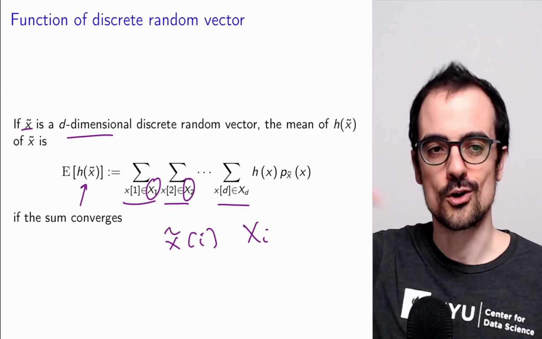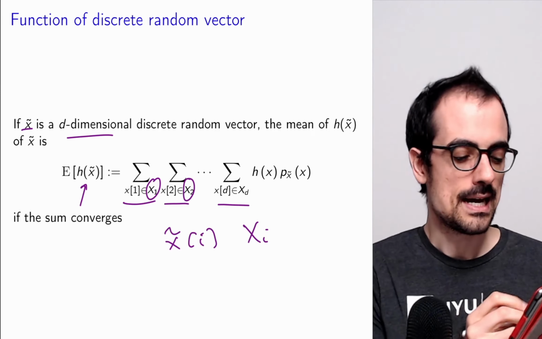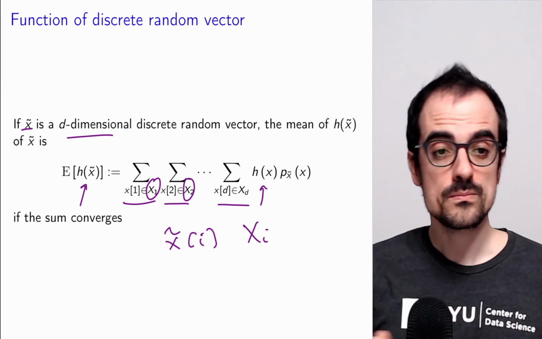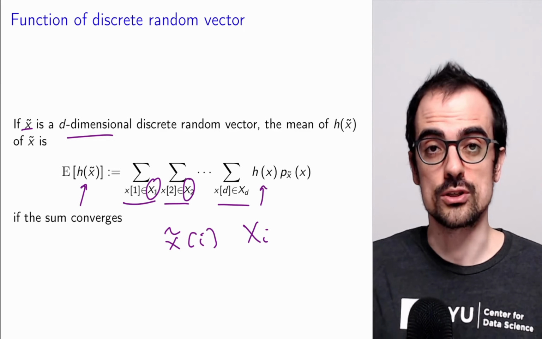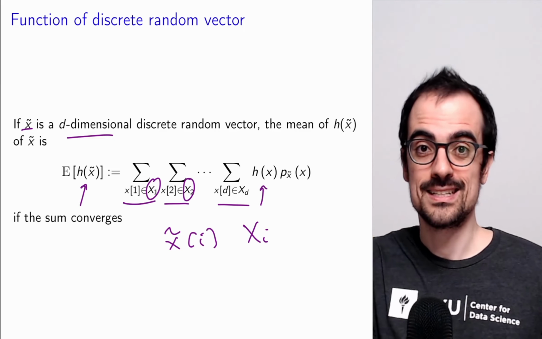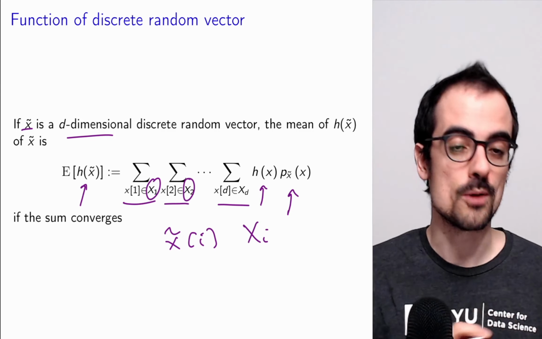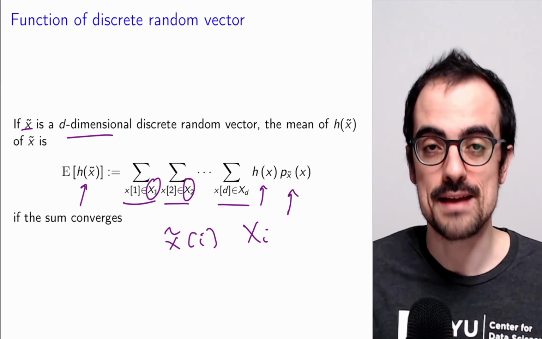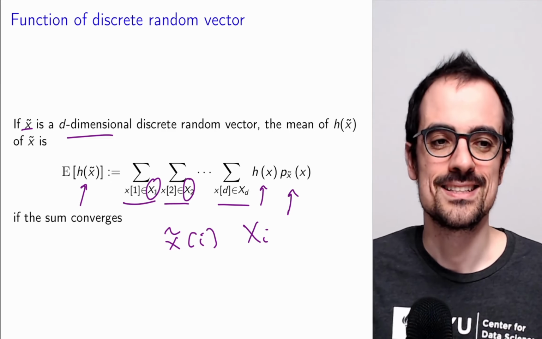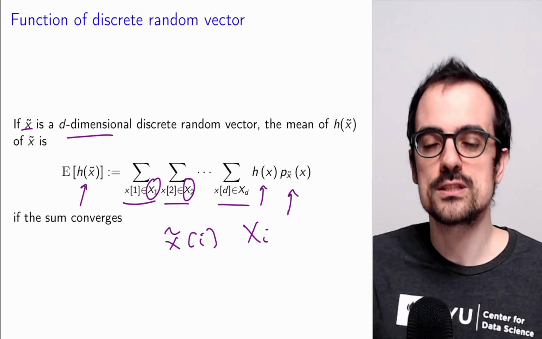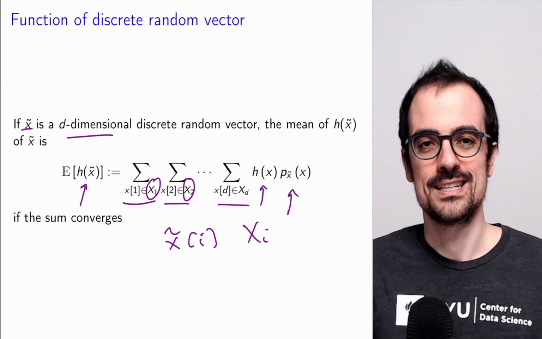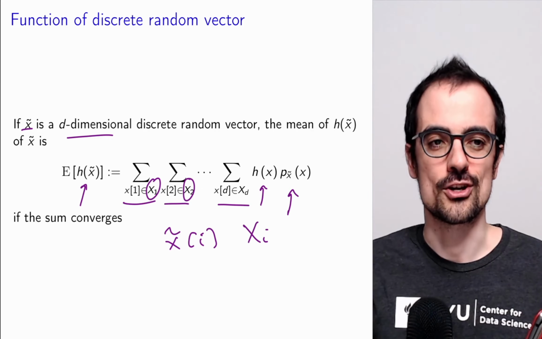So we sum over all of the possible values, apply the deterministic function to every possible sequence of d values, and multiply by the corresponding probability, which is given by the joint PMF evaluated at that sequence of values. If the sum converges, this gives us the mean of that deterministic function of the random vector.